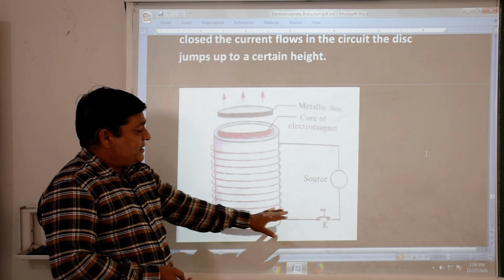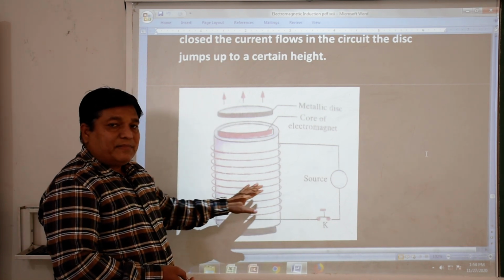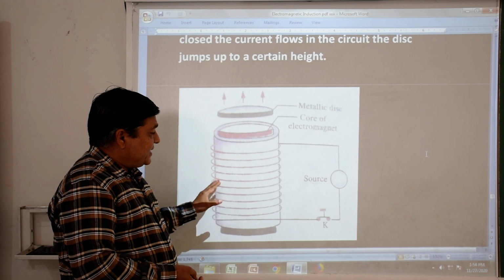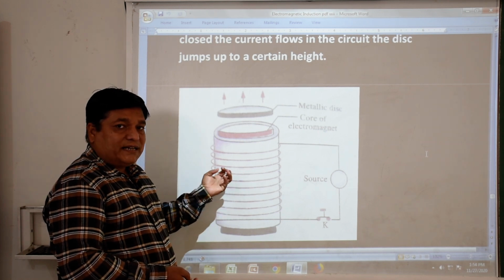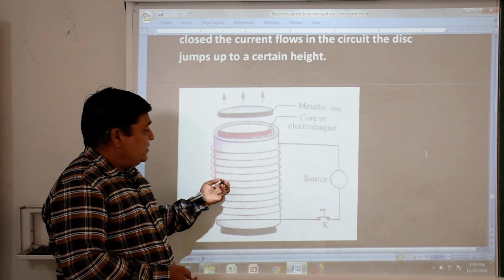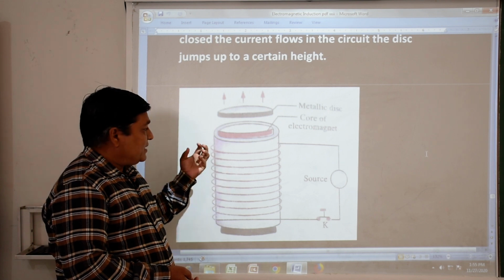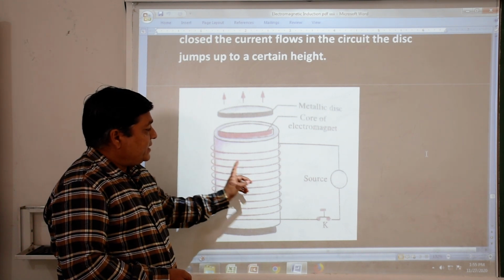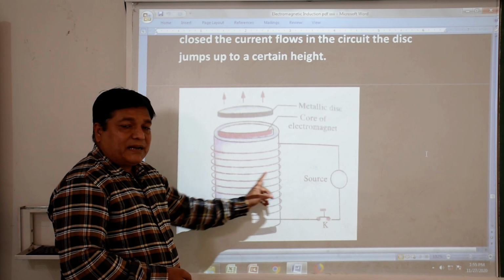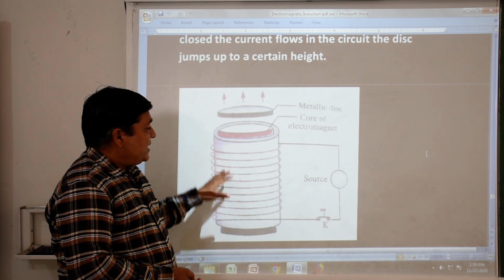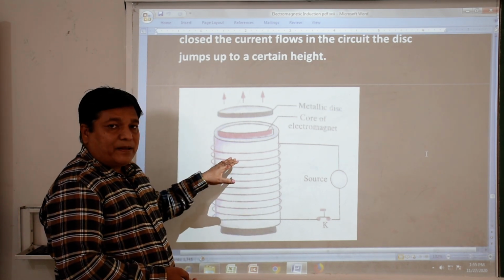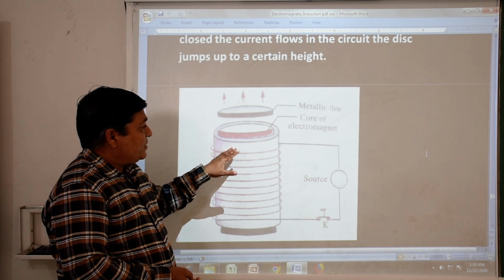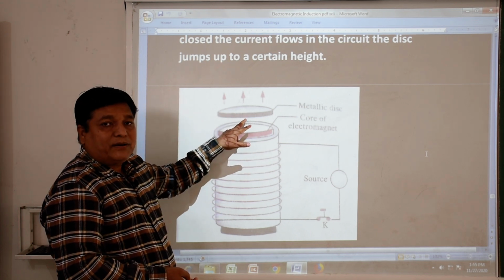When the current starts flowing, the magnetic flux linked with the solenoid changes. Due to this, an induced current flows. In this coil, when the flux changes, eddy currents are produced, and these lead to the production of eddy currents in the metallic plate also.